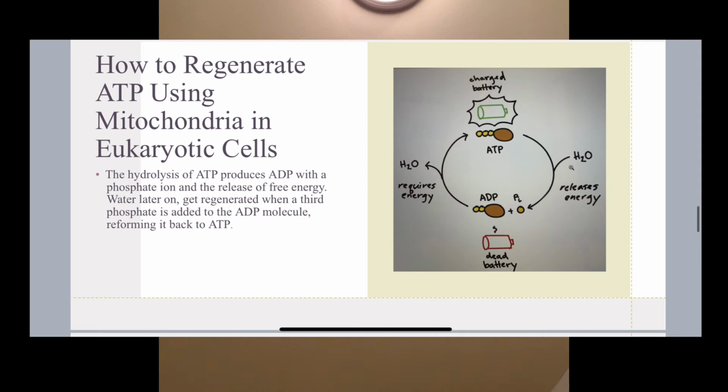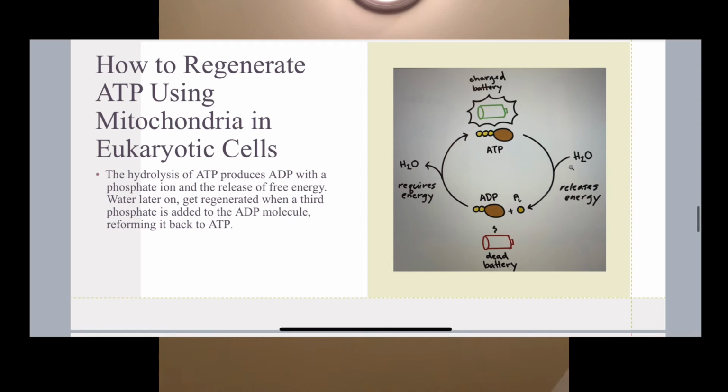Later on, this water gets regenerated when a third phosphate is added to the ADP molecule, reforming it back to ATP. The energy comes from the metabolism of glucose, and it shows us how ATP is a direct link between the limited set of exergonic pathways of glucose catabolism and endergonic pathways that power living cells.